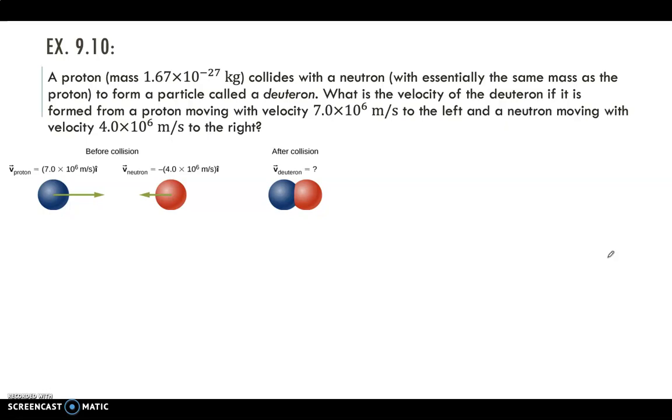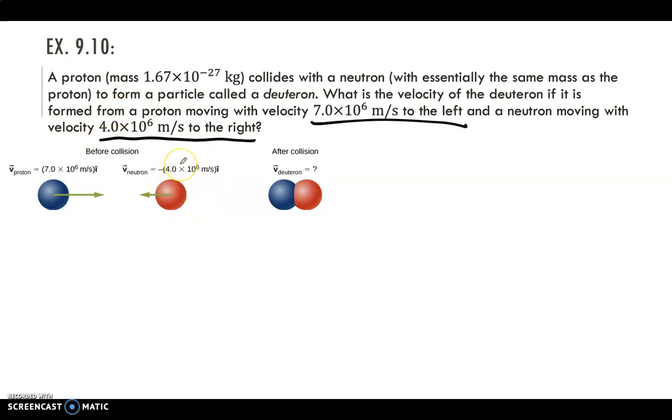What is the velocity of the deuteron if it is formed from a proton moving with a velocity of 7 times 10 to the 6 meters per second to the left, and a neutron moving with a velocity of 4 times 10 to the 6 to the right?